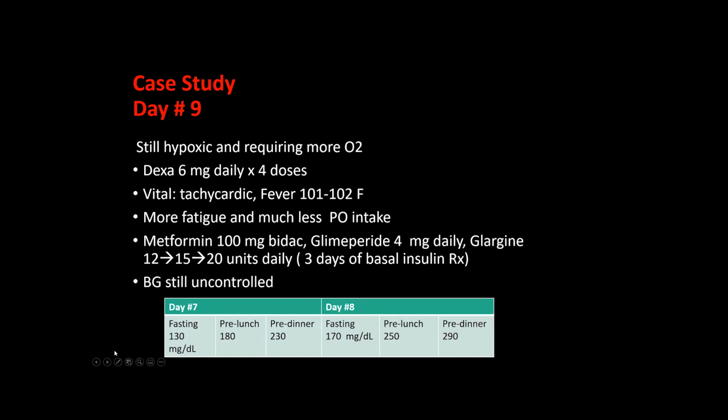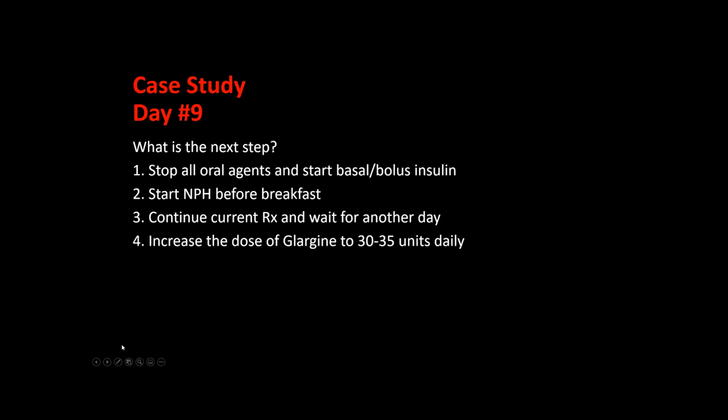He would have been in the hospital in a normal situation. So in that case, if this patient were in the hospital, or if the condition is feasible, you might want to start the basal bolus insulin. You can give NPH, but it is not the best choice, which I'm going to explain later on. Continuing the current treatment and waiting for another day is not the best choice either. Waiting another day will just make it higher.